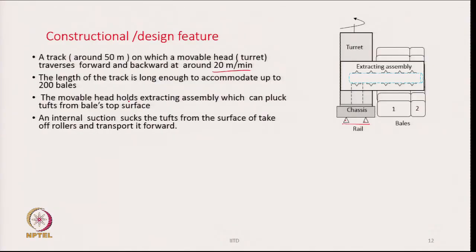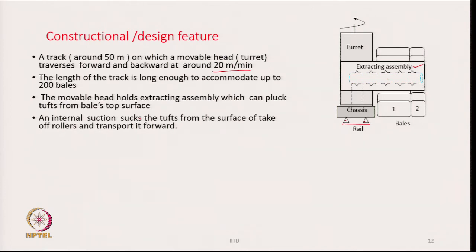The movable head has an extracting assembly, which is shown here, and which can pluck tufts from the bale's top surface and remove tufts from the bale surface. That is also important: we have a specially designed roller, and this roller will be able to extract the tufts from the surface of the bales.